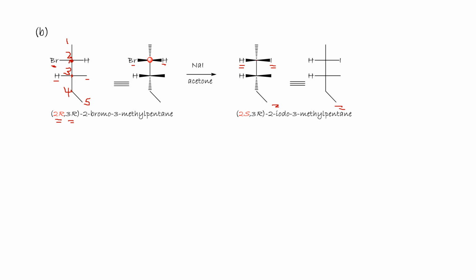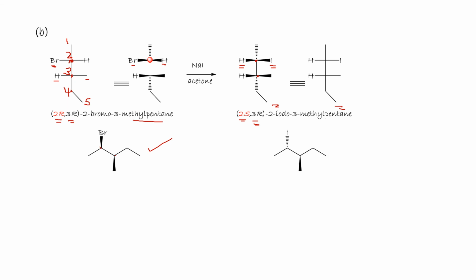So number 2 will be the only one to change to 2S. 3 will retain the same with no change, 3R. We can draw 2R, 3R, 2-bromo-3-methylpentane this way. Okay? Br is up and the methyl is up, these two chiral centers.